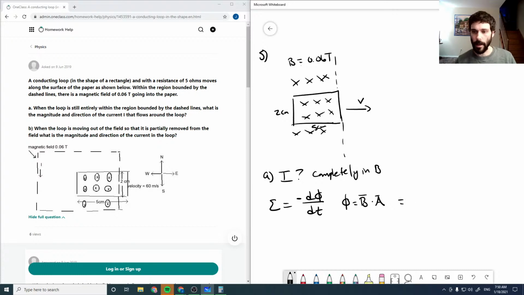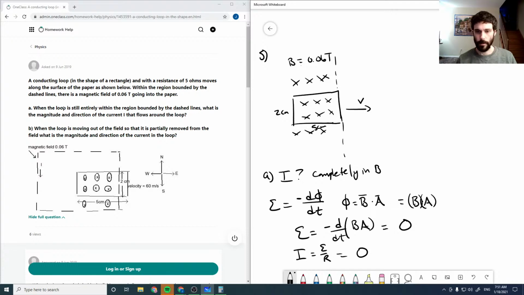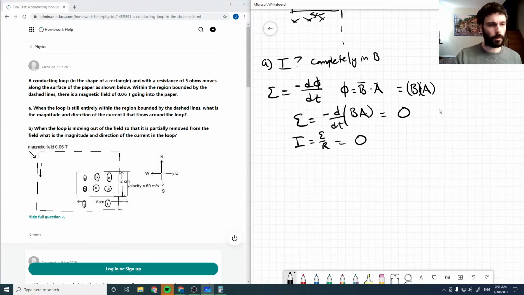So our B dot A is just our B field times our area. And so then our EMF is minus the derivative of our B times our area with time. And so then it equals 0. And so our current, which is our EMF over our resistance, is equal to 0. So when it's fully immersed in the field, we have no current.